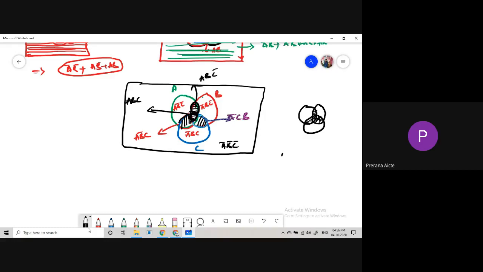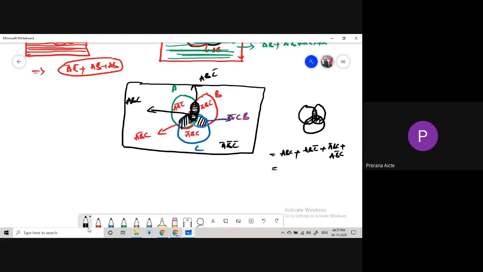So the terms are ABC, ABC bar, A bar B C, and A B bar C. What is the reduced expression for this?